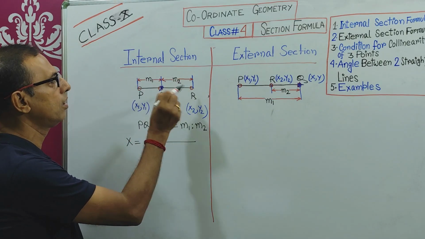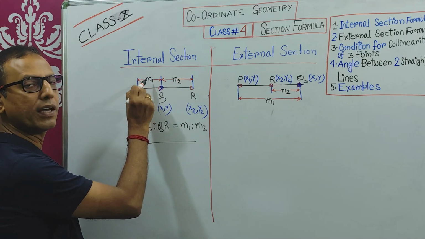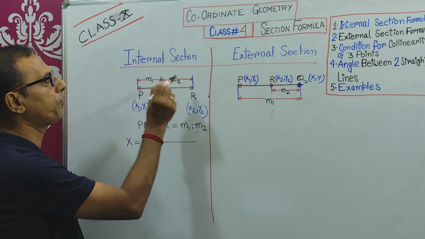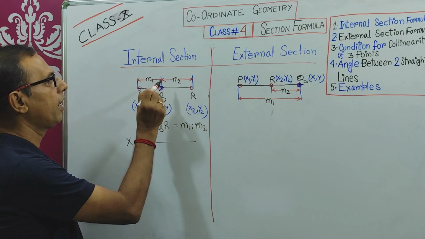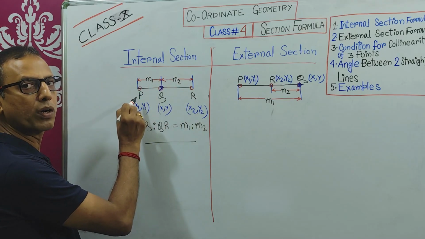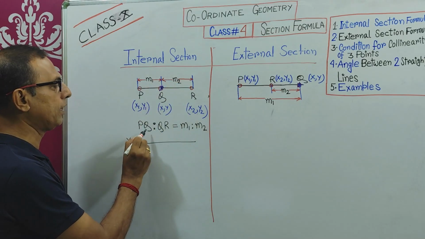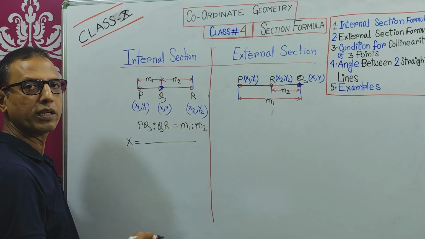So the ratio M1 is actually for PQ, but it will not be used for P, it will be associated with R. And M2 will be associated with the coordinate of P, right? Because M2 is associated with QR. So PQ is to QR equals M1 is to M2.